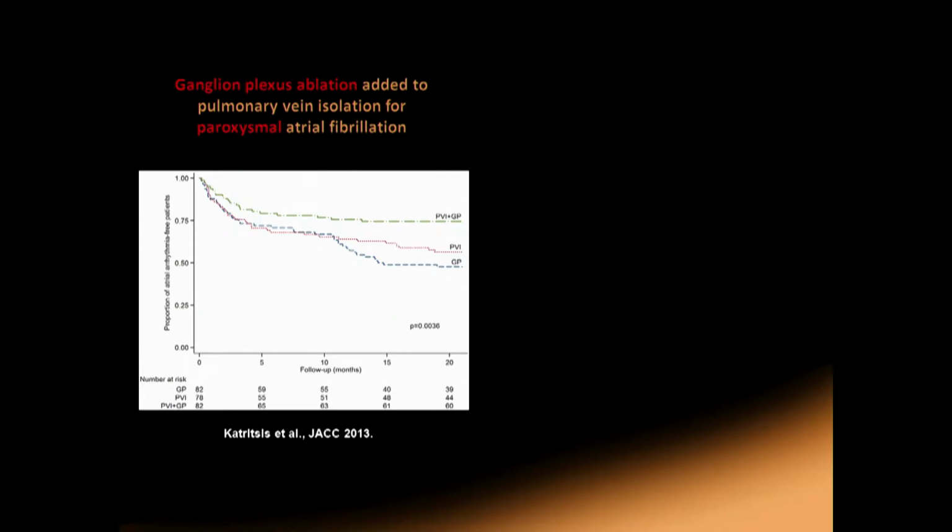This is one study with paroxysmal atrial fibrillation patients undergoing pulmonary vein isolation plus or minus GP ablation. And at least in this study, you can see that in those paroxysmal atrial fibrillation patients, the combined treatment with PVI plus GP ablation was superior over pulmonary vein isolation alone.